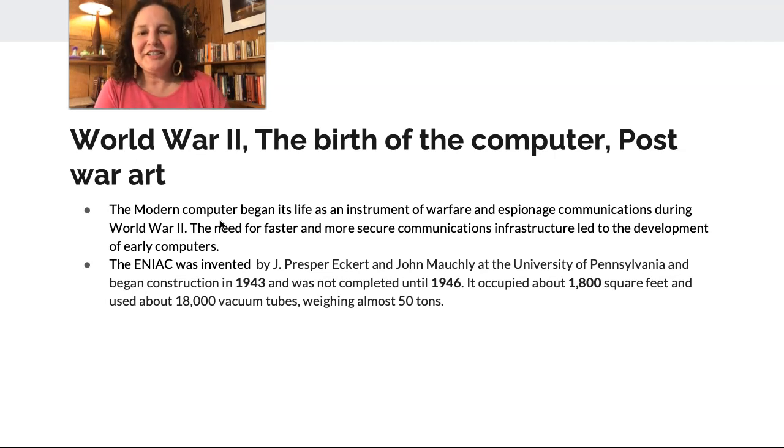So we're also going to think about how, when we use these devices every day, we are effectively using knowledge that has come to the world through warfare. Overwhelmingly, most computer research and development, up to and including even the 1980s, has its roots in defense technology.